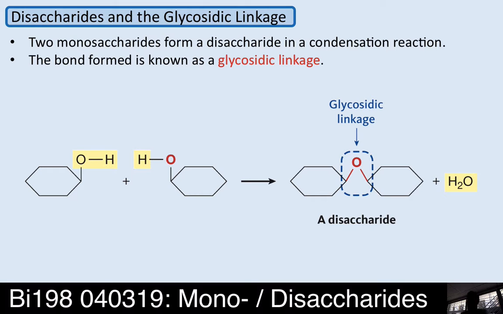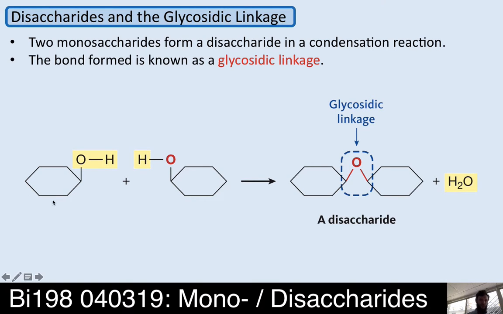We have two hydroxyl groups, and typically one of the hydroxyl groups, the one that has both the O and the H highlighted, is on the anomeric carbon. That's the carbon that has the double bond O, the aldehyde or ketone. That hydroxyl group is going to interact with some other hydroxyl group on another sugar. Water is going to pull out of there.